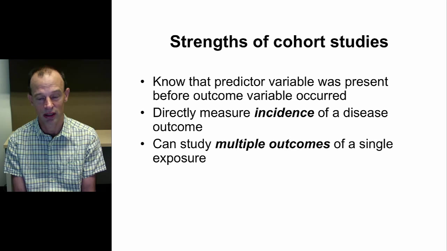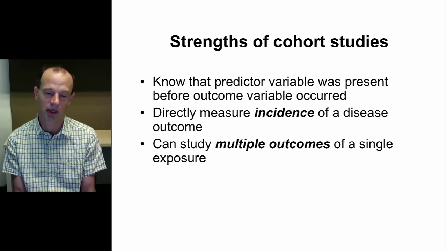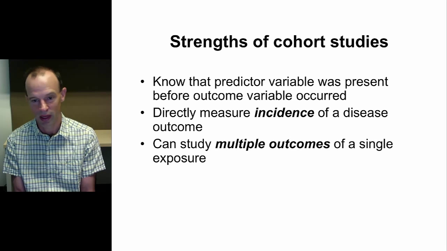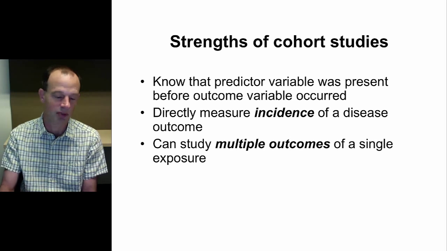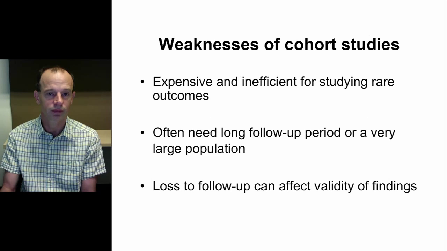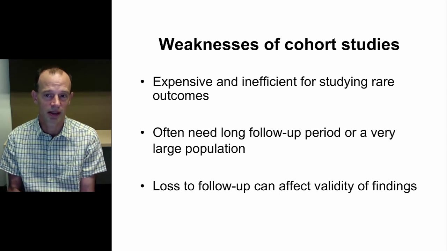And, as I mentioned, in our studies of HIV positive patients receiving antiretroviral therapy in British Columbia, we can study mortality, new AIDS diagnoses, drug resistance, or virologic suppression. There's a number of different outcomes that you can look at.